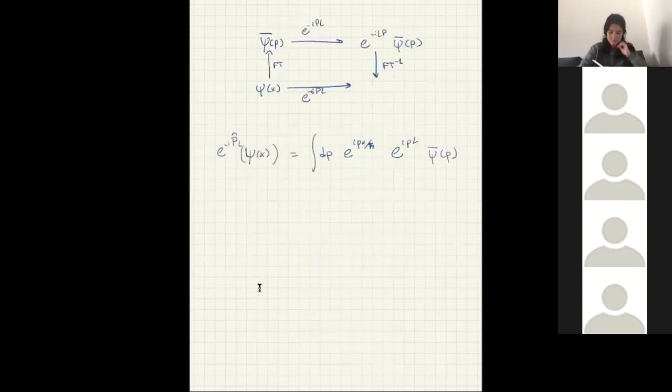This is how physicists decide which constants to keep track of. Okay, good. So that's now the integral dp e to the i p over h bar, and now x minus L.